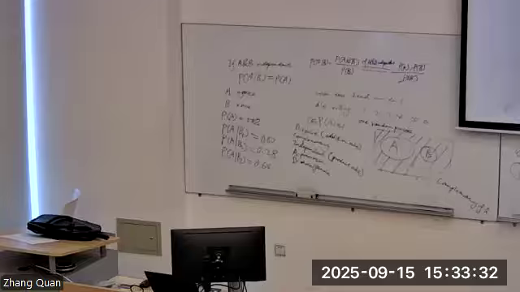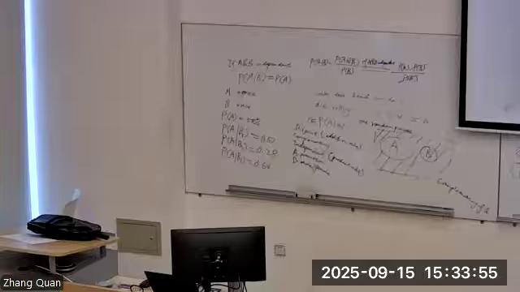Here A and B have no order, so P(A and B) or P(B and A), we are talking about the same thing. That means we can swap these two letters freely.